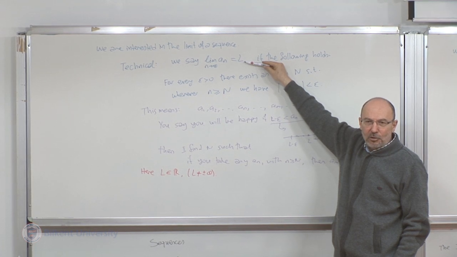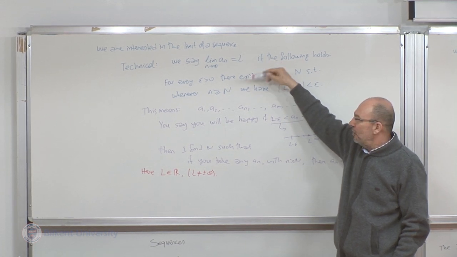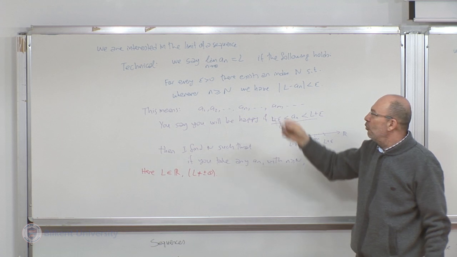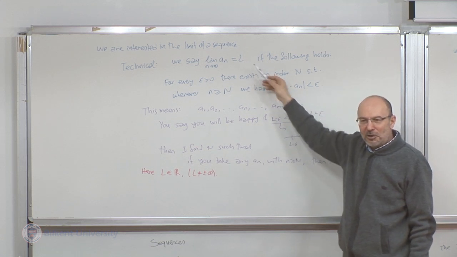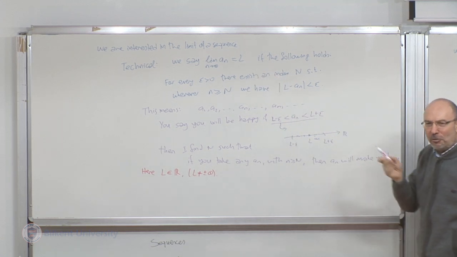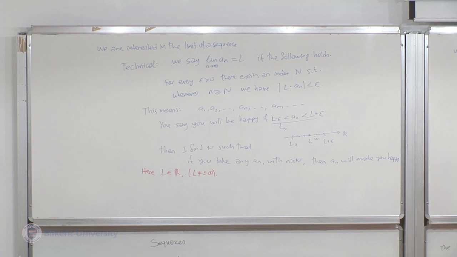So the question is to find L. By looking at this definition, the only way is you try all possible real numbers here and check if it's going to be the limit or not. Since that's not going to be possible, then we must have methods of finding the limit.